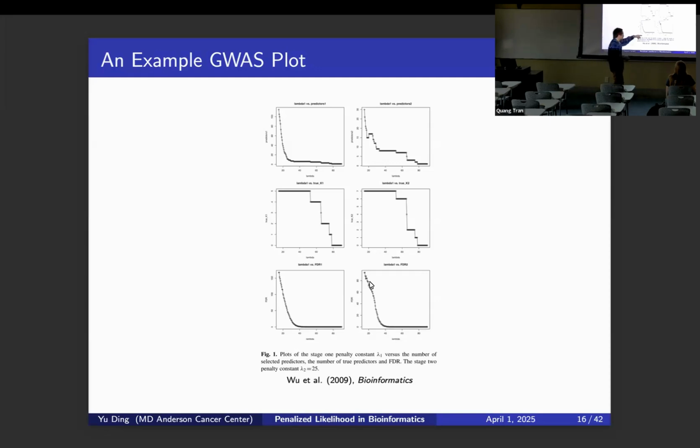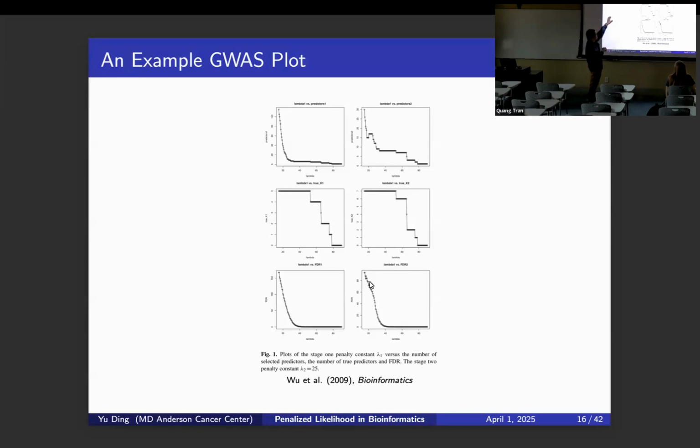But with the increase of lambda, as I said, everything tends to be smaller. Every value of beta gets smaller and smaller. Some of them become 0, and finally everything becomes 0. Of course, the false discovery rate also decreases, which means that we tend to have fewer and fewer false positives.